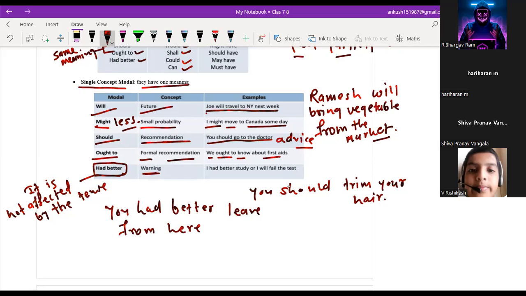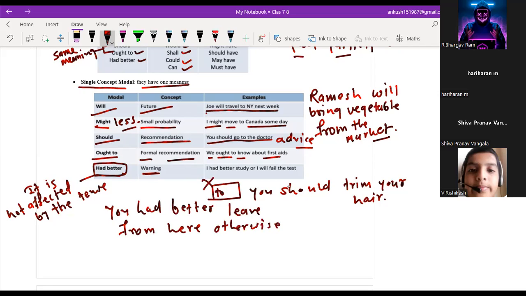See, after better, we do not use to. Most people say you had better to leave from here. No, after had better, we do not use to.